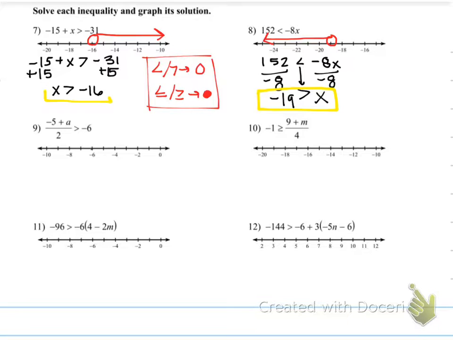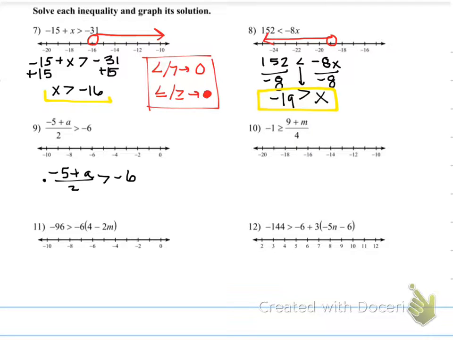All right. Number 9. Number 9 is more of a multi-step problem. So I've got negative 5 plus a, all over 2, is greater than negative 6. We've got to get rid of that denominator first because it's dividing everything. If it was only dividing the a, then we'd move that 5 first, but because it's under both things, we need to move that.